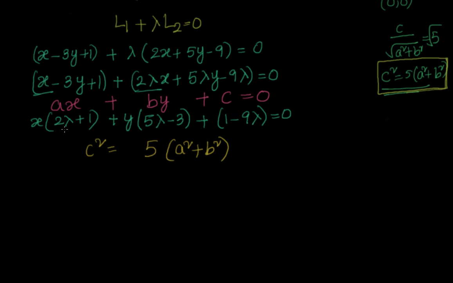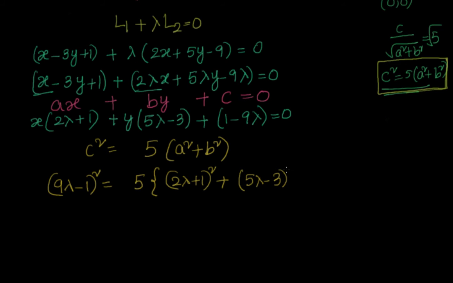c square is 9 lambda minus 1 whole square equal to 5 into a square plus b square. a square is 2 lambda plus 1 whole square plus b square is 5 lambda minus 3 whole square.